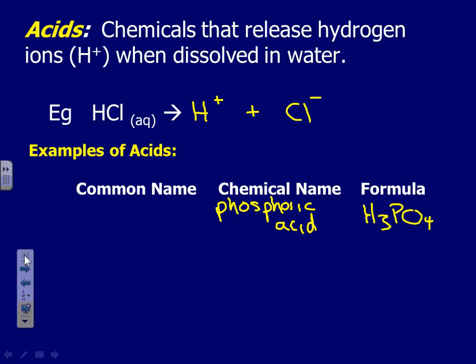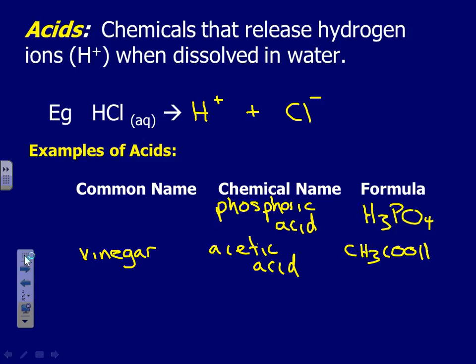Any others that maybe you know? Yep. Vinegar. Awesome. Vinegar. I have to say vinegar or I spell it wrong. Vinegar, common name, acetic acid. I write the formula as CH3COOH, all right?